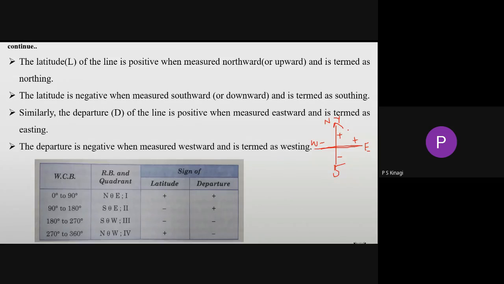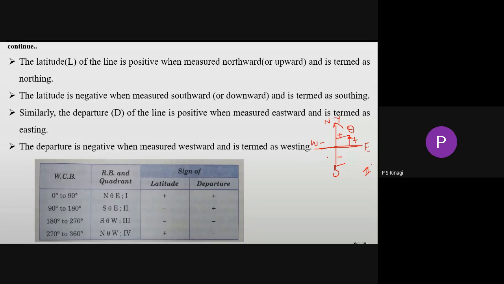Same thing, if theta is between 0 and 90 degrees, the measurements of departure and latitude are both positive, because latitude is towards the north and departure is measured towards the east. Similarly, for the second quadrant, the angle is between 90 and 180 degrees.